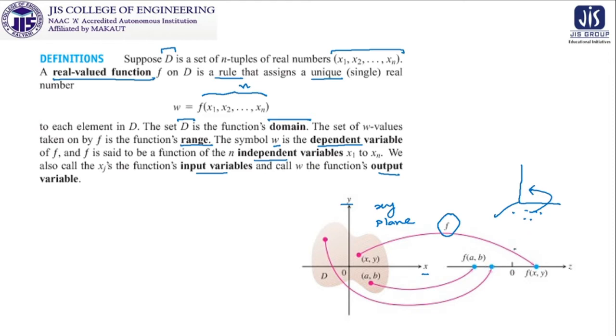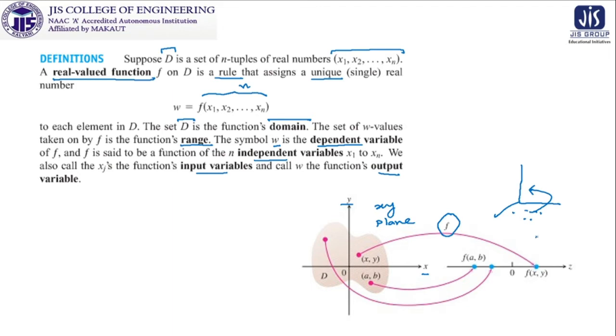The concept is that you are pulling these points as input and getting points on another real number line, which always gives you a real valued function, real values actually, and you get f(x, y) over here.